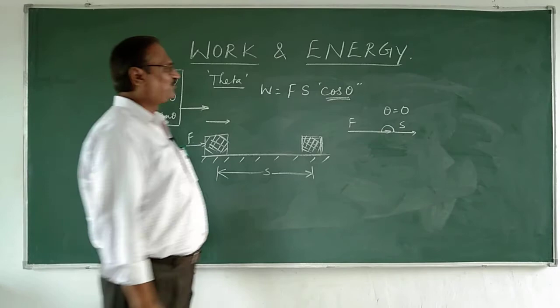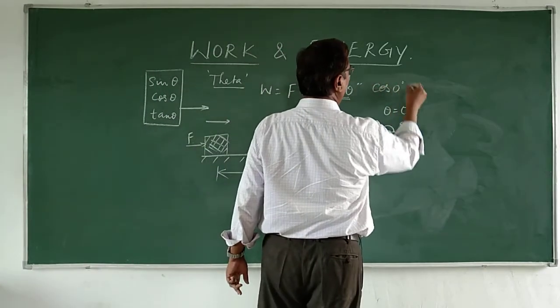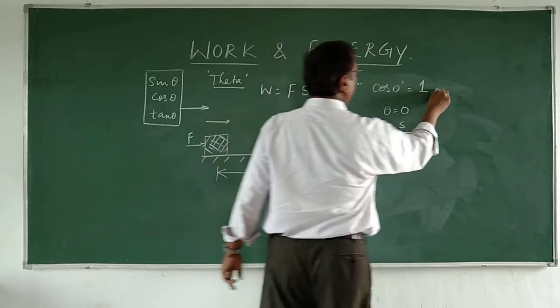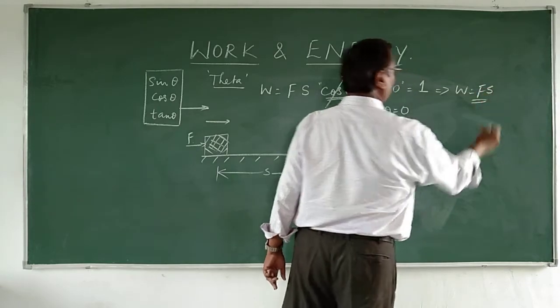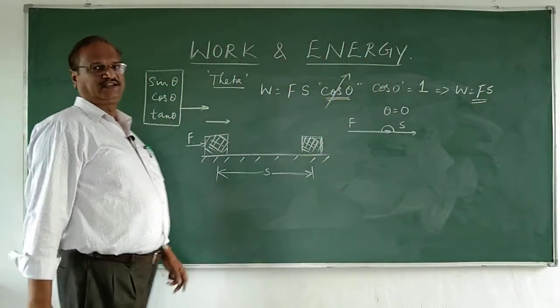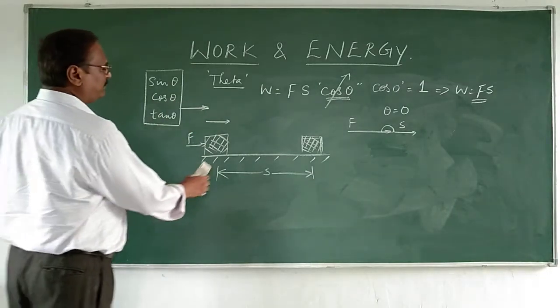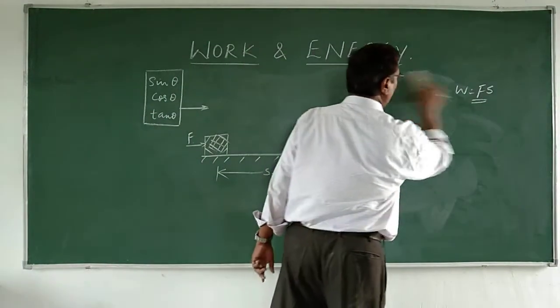When theta is 0, this becomes cos 0 degree. Cos 0 is equal to 1. So you will have work done is equal to force into displacement. Do not worry too much about it, and I will tell you why you don't need to worry that much.